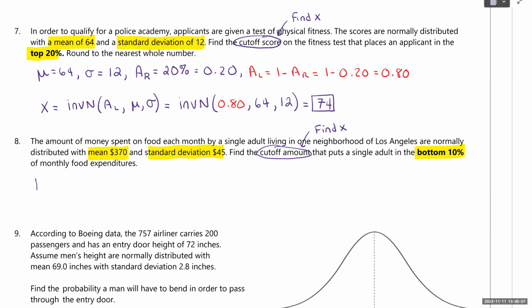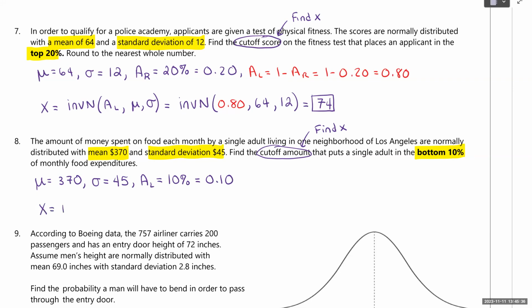All right, so our given information now, we have our mean, 370. We have our population standard deviation, 45. And now they gave us the bottom percent that they desire. So that's the area left of the value we're looking for. So area left is 10%.